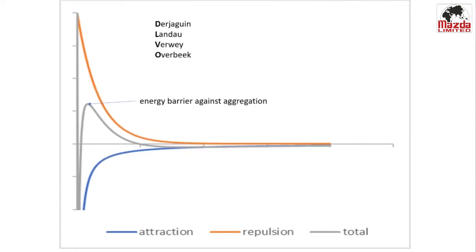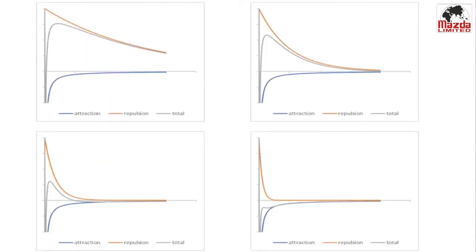Here, there is an energy barrier that prevents aggregation. Let's look at the 4 different salt concentrations. The energy barrier becomes smaller as you increase the salt concentration. By the time you get to the highest salt concentration, there is no barrier and the particles will aggregate.